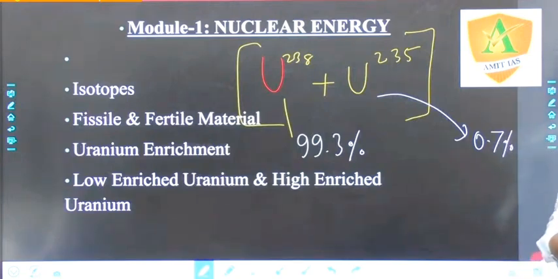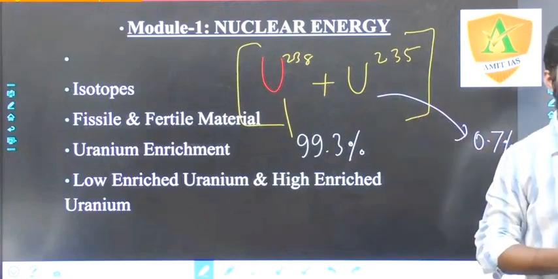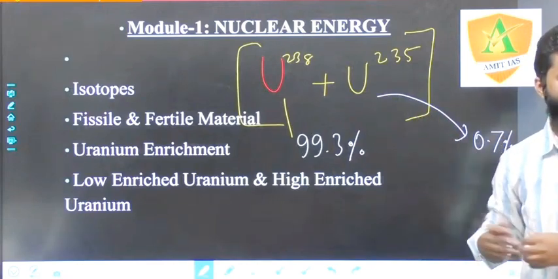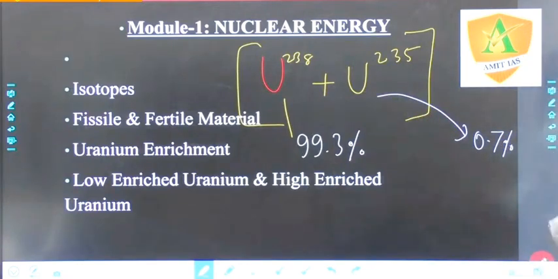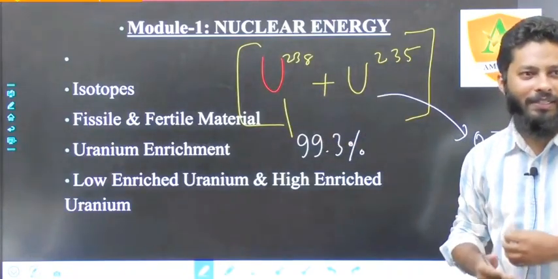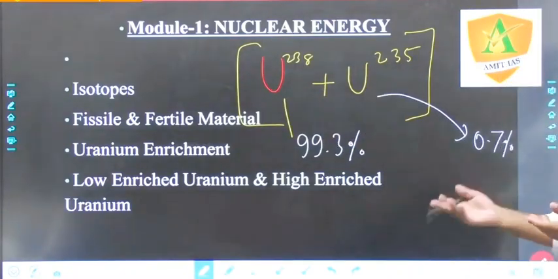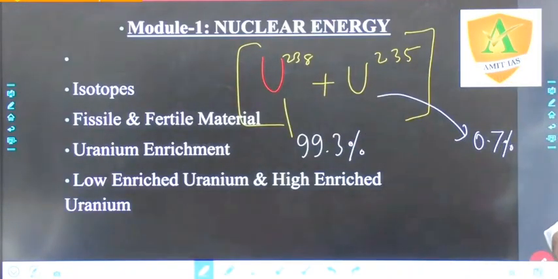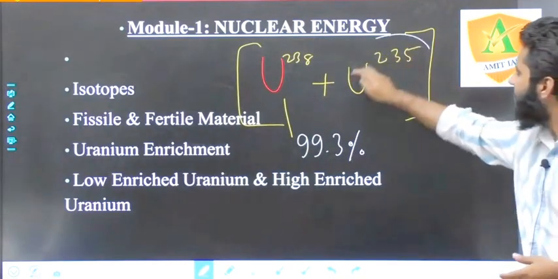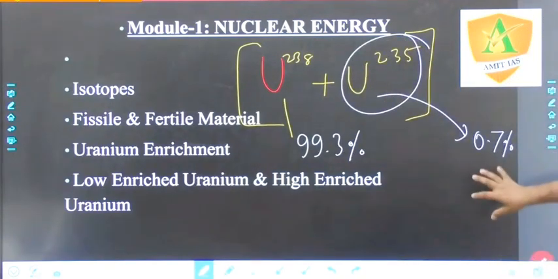Now, what will you use for a nuclear reactor? Uranium 235? You have to use uranium 235 because you cannot use uranium 238 as it is fertile in nature. It will get converted into plutonium, but you need a fission to get heat, to run a turbine, to generate electricity, or to have a weapon use. So you need uranium 235, but you can see the percentage of uranium 235 is very less.